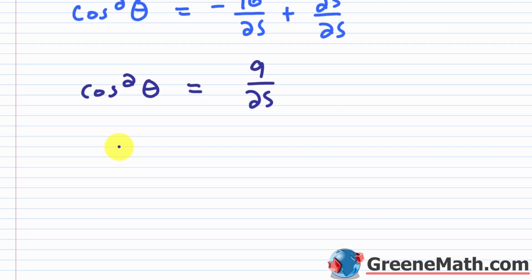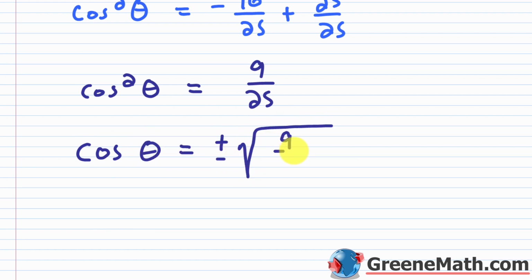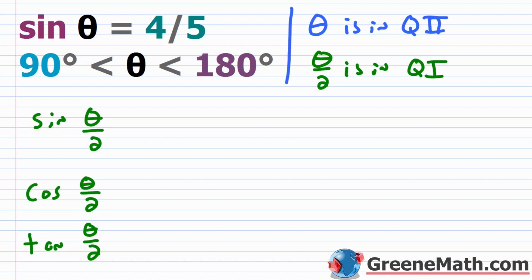So this is where a lot of students struggle. I'm going to put the cosine of theta is equal to plus or minus the square root of 9 over 25. Now, which sign should I choose? Let's go back up, and let's remember that we're working with theta for right now, not theta over 2, okay? So this is where people get confused. They make a sign mistake. So it's theta. Theta is in quadrant 2, okay?